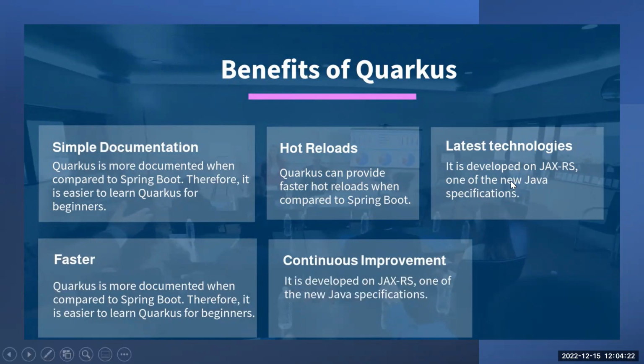Quarkus is also faster; I already showed you the metrics where Quarkus is faster compared to Spring Boot. And since Quarkus is built on JAX-RS, one of the newer Java specifications, it has continuous improvements.